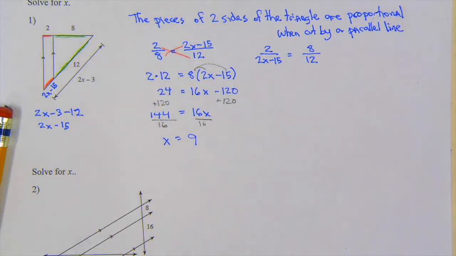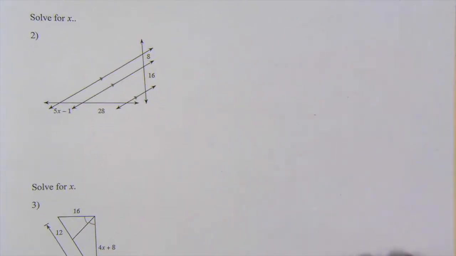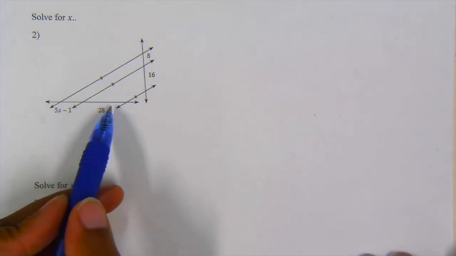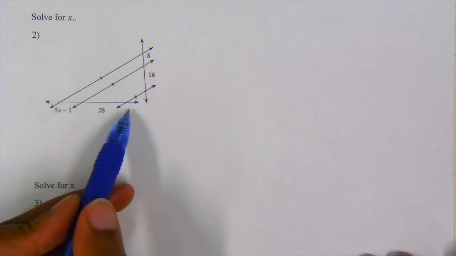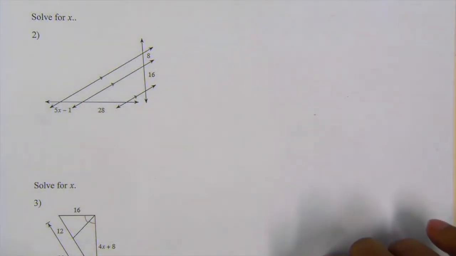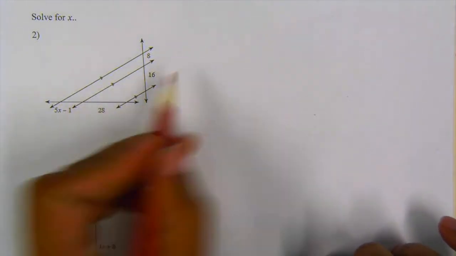Okay, so let's see, how would this be different if it looks like this one? Well, here, which pieces are proportional? Let's see if we can explain what lengths are proportional. Well, the pieces of the transversals here, we have 2 transversals. This is one transversal and another that have been cut by the 3 parallel lines.